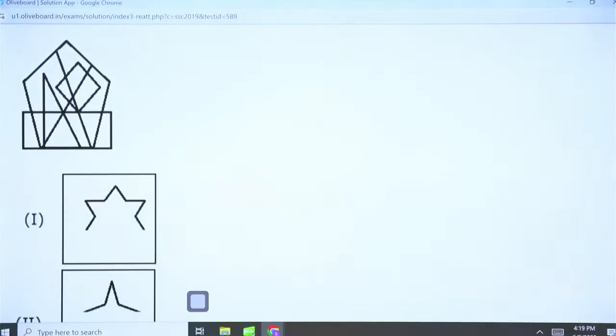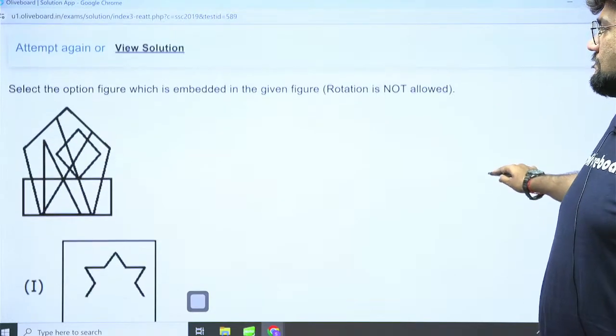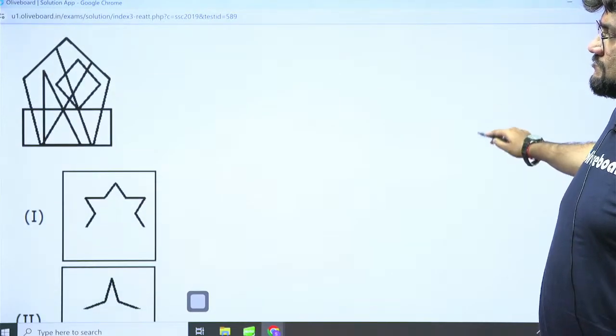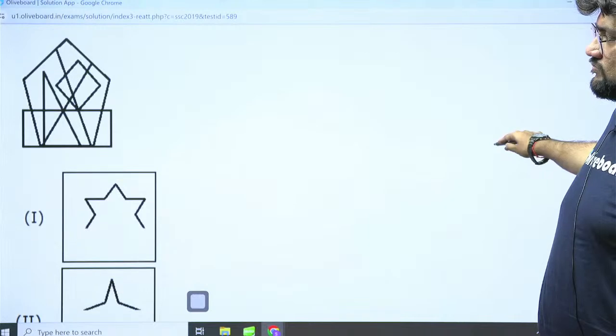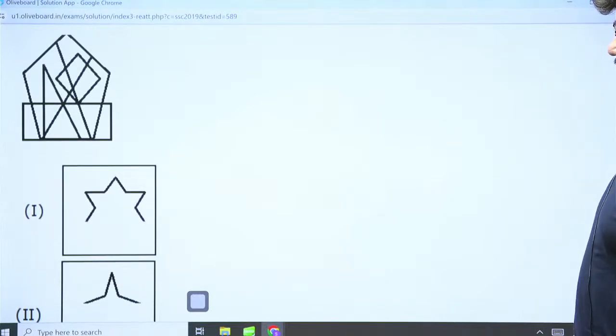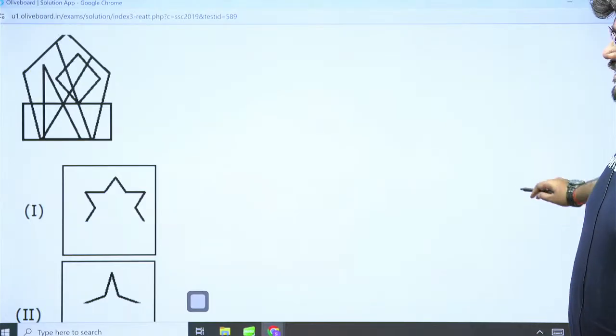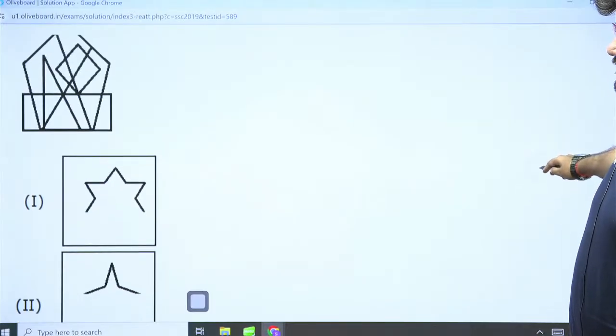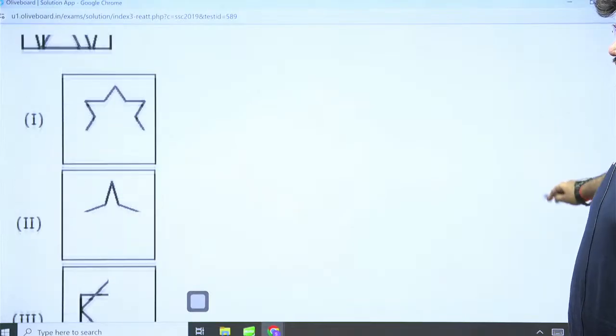Embedded figures. Which of them is embedded? Can't seem to see any one specific one out of these two.